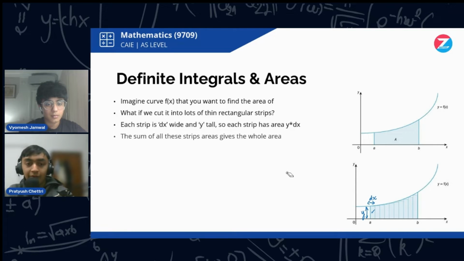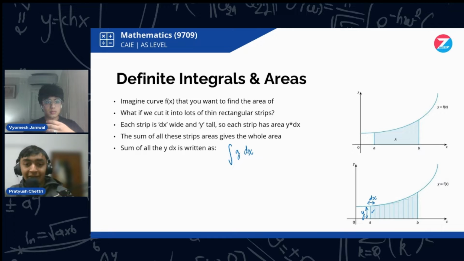And now, if we add all of those strips together, we get the whole area. You can think of the integral sign as add them all together. Like you know this sigma sign, hopefully from stats. That means add everything together. But when we're dealing with d, like the really tiny bits, what we write is the integral sign.